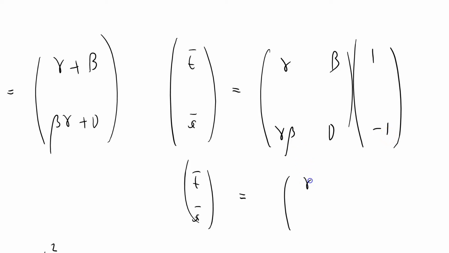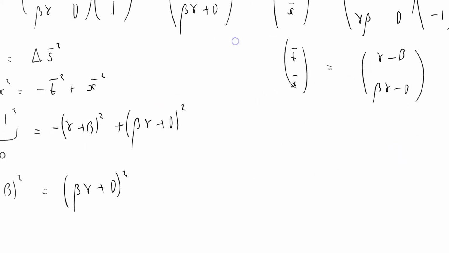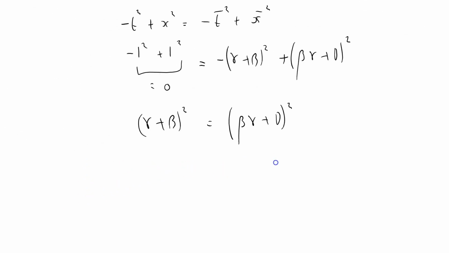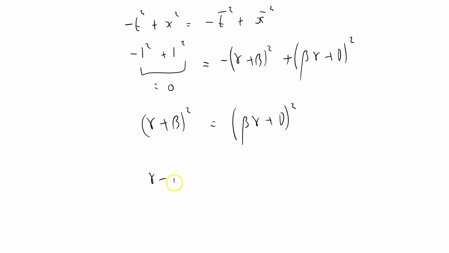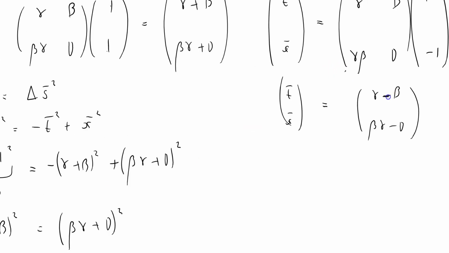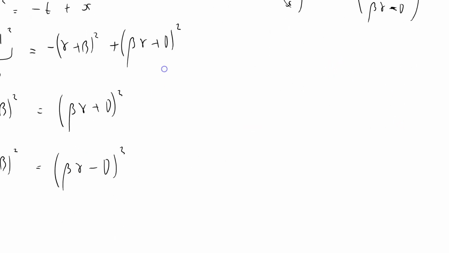So that says gamma minus b and beta gamma minus d. Right? Okay, so when I apply this reasoning about the s squared term, now we have gamma minus b squared equals beta gamma minus d all squared, because I've got the sign changing here.